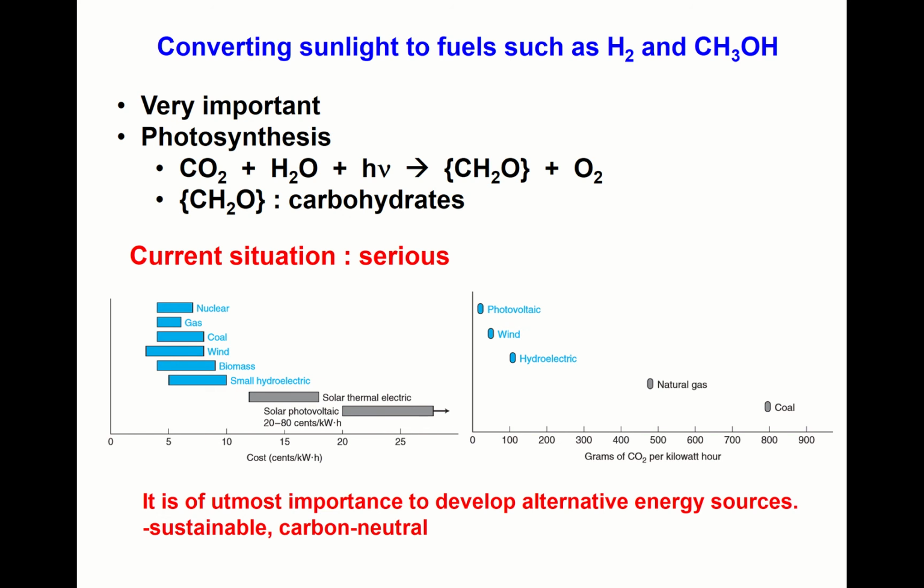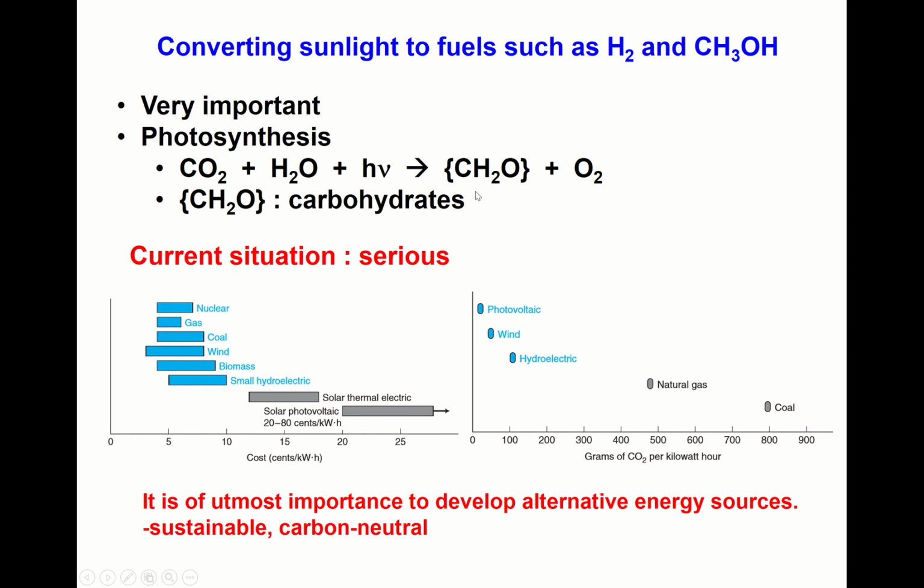Okay, so people estimated that if we fully collect solar energy for 1.3 hours, that is equivalent to the total energy consumption by humans for a year. Okay, now you have some feeling. Okay, so that's why solar energy conversion is important. Solar light is free and is absolutely clean energy.